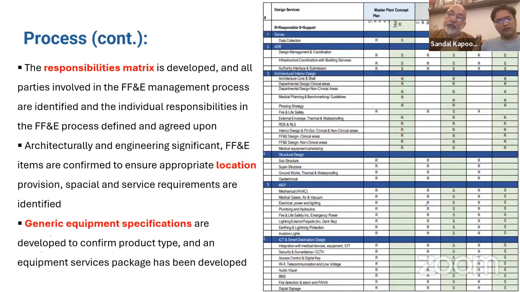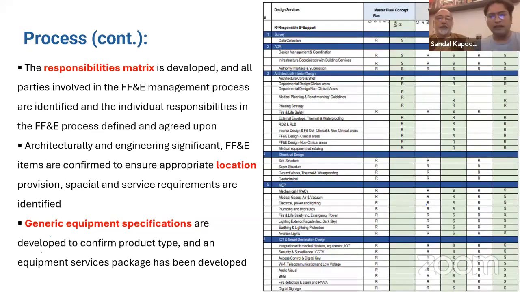So it's a process by which safety, environmental considerations, green buildings, environmental conditions, all those things are taken care of, and time, cost, and quality are also maintained.